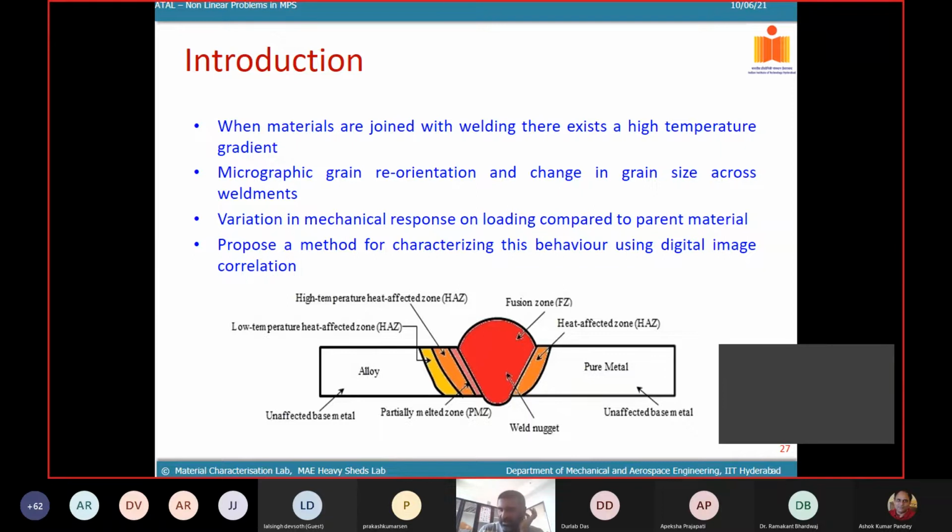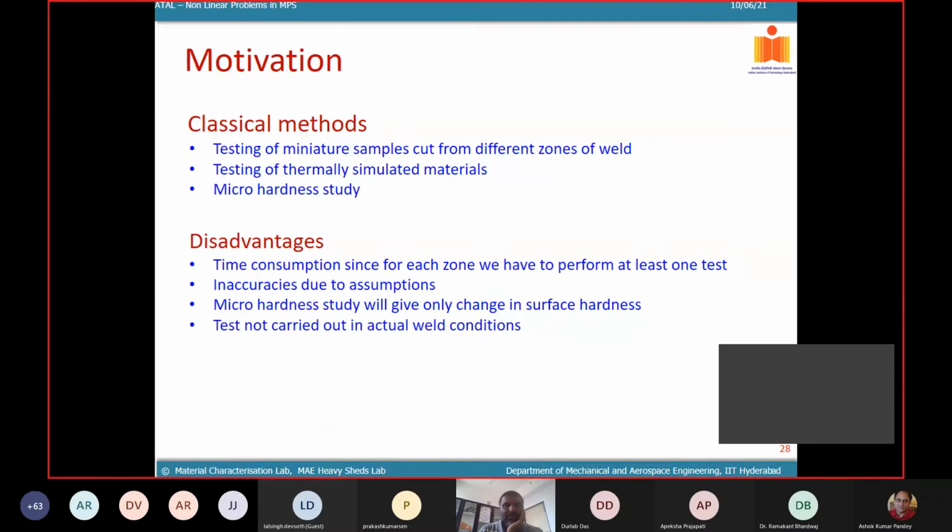So what we have done is look at how we can measure these properties over these zones using the DIC technique. If you look at the classical methods, you cut small micro samples from these weld zones, and then you should have a miniature test setup to test them.